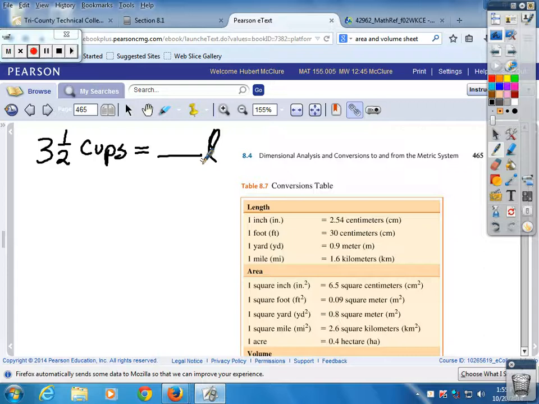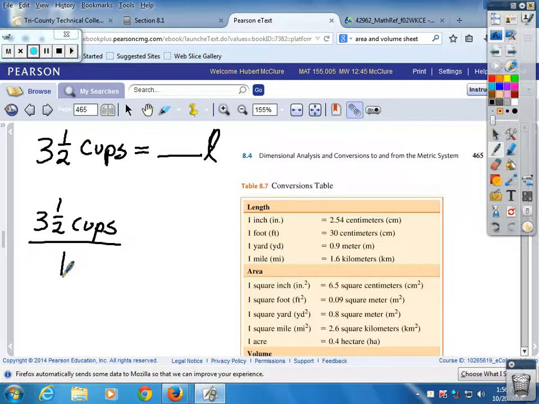We've got to set it up. So first of all, I'm going to change 3½ cups into an improper fraction. You don't have to. You could just put 3½ cups over 1.